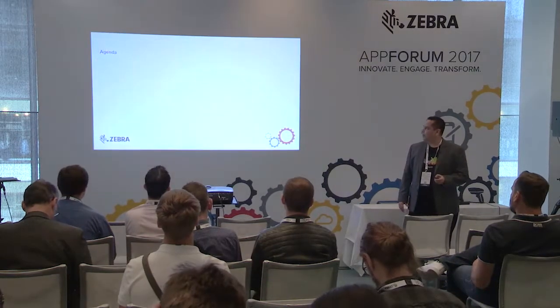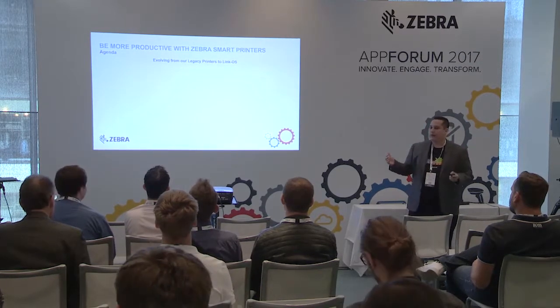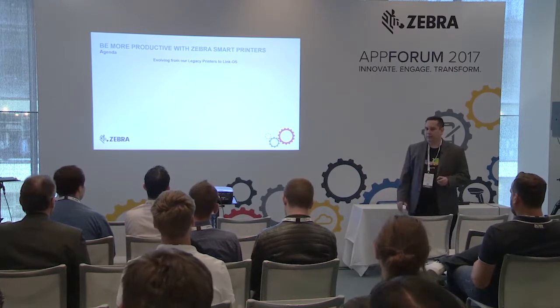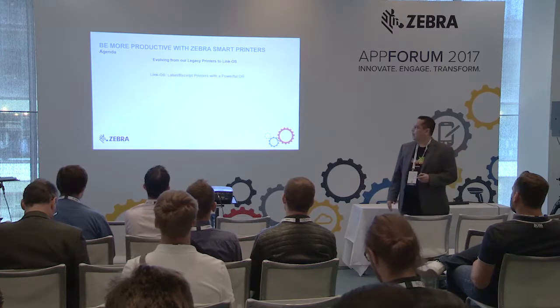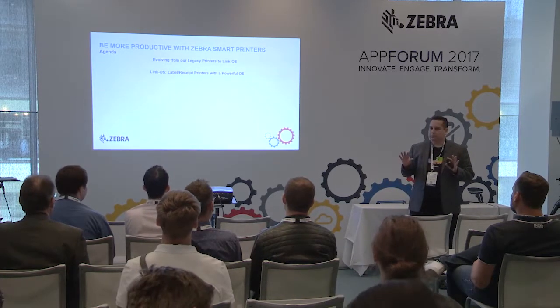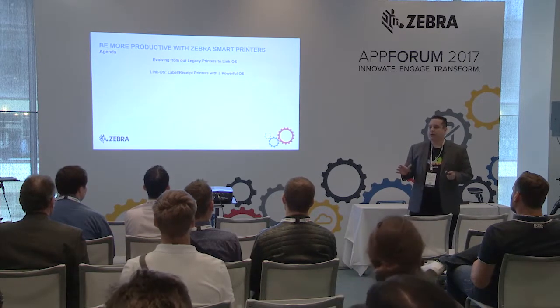So the agenda that I want to cover is basically what features we are evolving from, from the legacy printers to the new smart printer that we have today with LinkOS. After that, we want to point out the 3 main marketing points that we want to use to remember LinkOS.